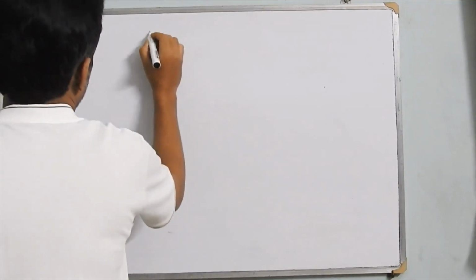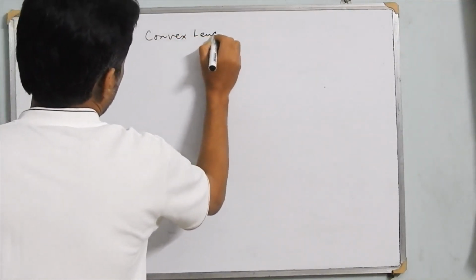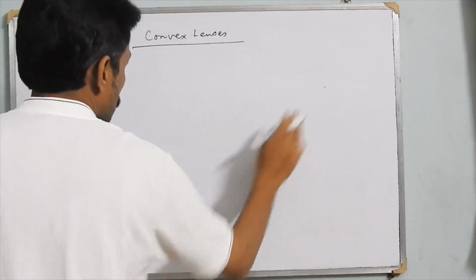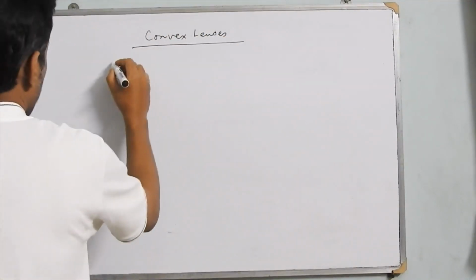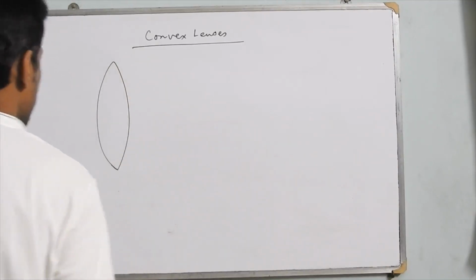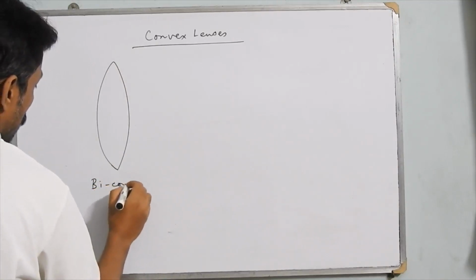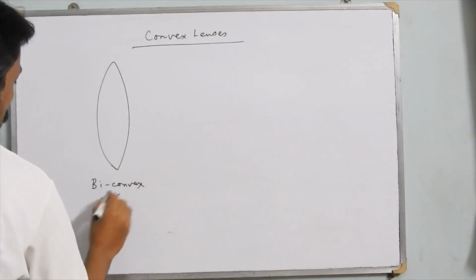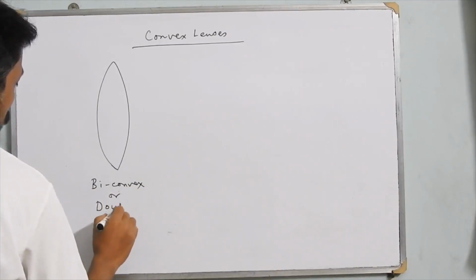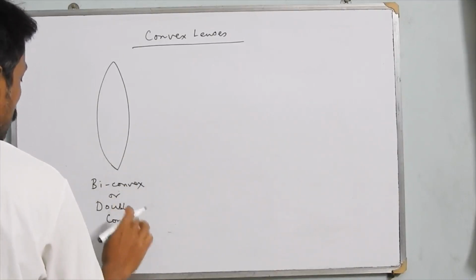If you take the different types of convex lenses, then the most familiar type is the biconvex or double convex lens, because both the refracting surfaces are convex in nature.